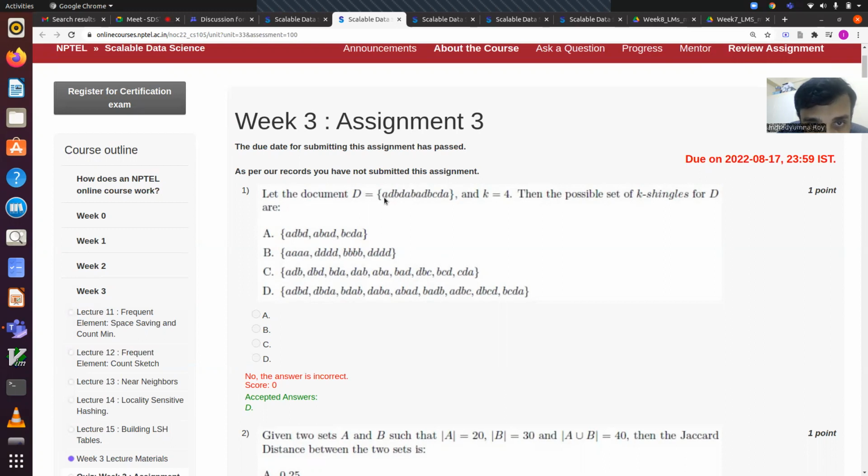So you went from ADBD and then you started at D and did DAB, and then you started at A and said ADBC. But why are you starting at only the last position? K equals 4, so you first took the first 4 positions and then you are starting from the 4th position. Why would you start at the 4th position?